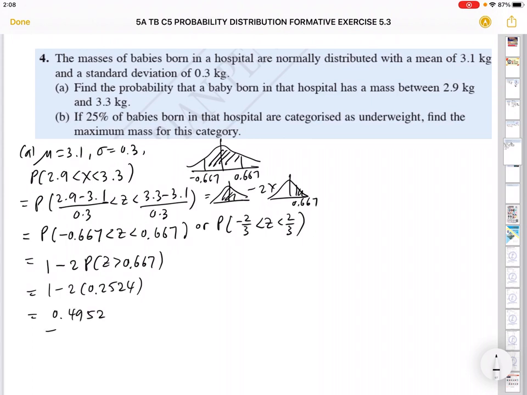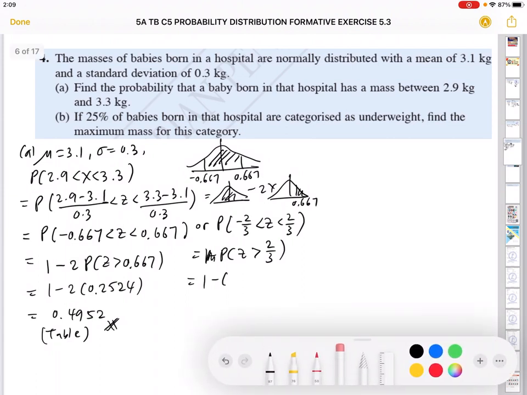But remember, this is from the table. If you use 3 decimal places for your z value with the table, this is what we get, which is different from the answer in the textbook. I think the textbook uses P(z more than 2 over 3). Okay, I need to times 2, sorry, I missed out the 2 here.